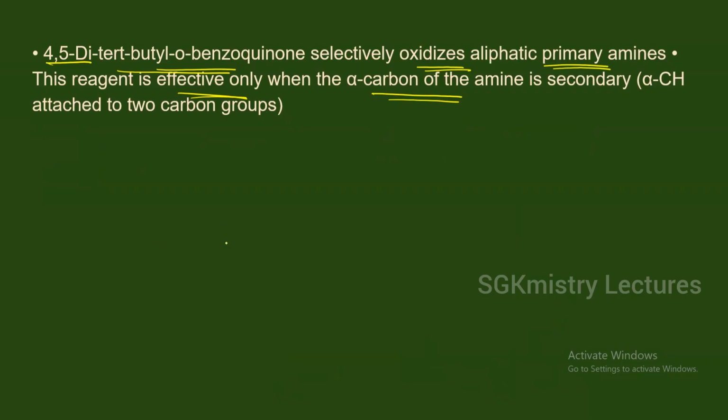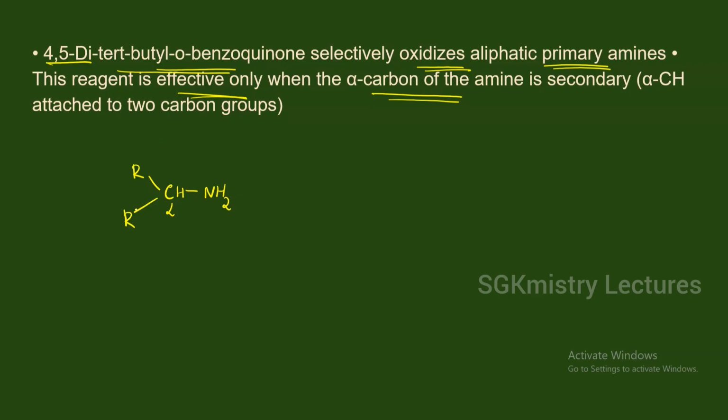Let us look into this particular reaction. So here, NH2, and this is the alpha carbon. This reagent only acts on the primary amines where the alpha carbon is attached to two carbon atoms, or it should be secondary, right?